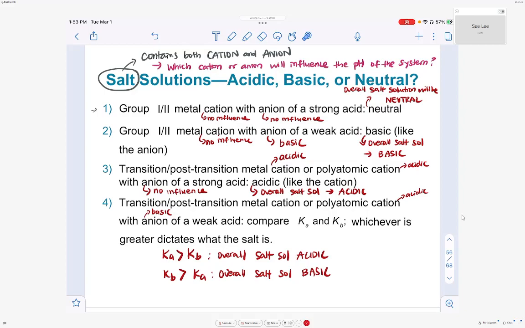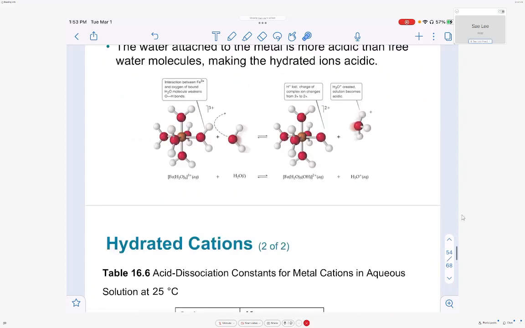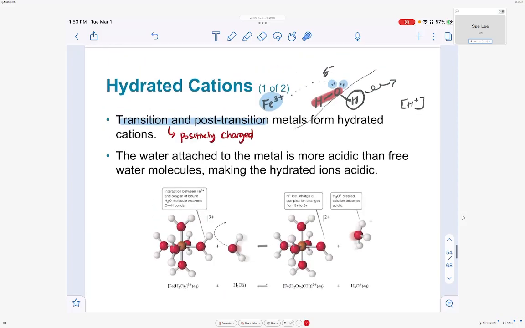Remember here, these transition and post-transition metals are positively charged. They are going to attract water molecules. Why? Because a water molecule has lone pair electrons, a partially negatively charged region, which is going to be attracted to these positively charged metals.